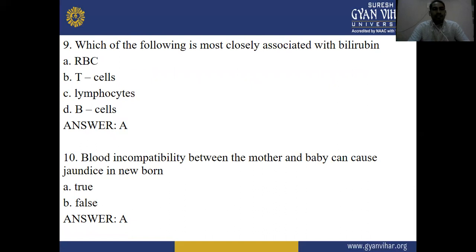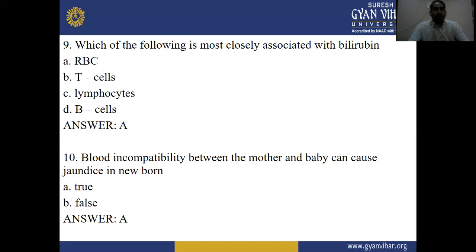Option A, red blood cells; option B, T cells; option C, lymphocytes; and option D, B cells. The right answer is A. Red blood cells are most closely associated with bilirubin.